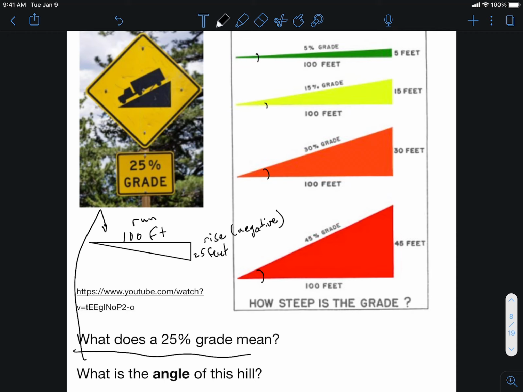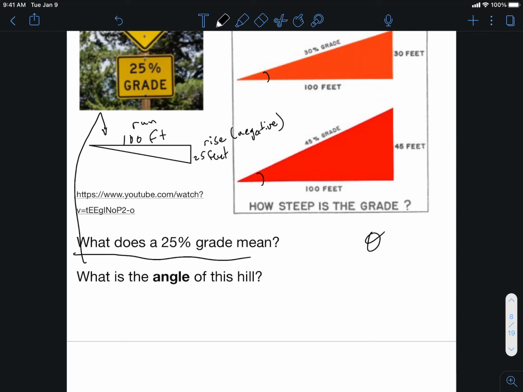It says you can't exceed 10% grade or an angle of this, for building a ramp. So you're going to have to change your dimensions such that you would know in that question what your theta is. You'd have to change what your rise and run are to lock this in.